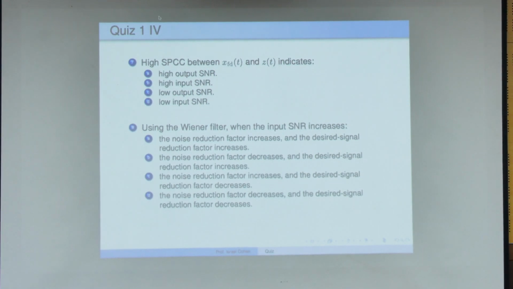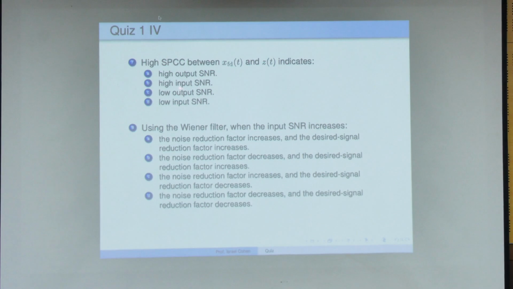Seven. Even if you made mistakes, it's fine, it's just to practice the terms and so on. High SPCC between X filter desired and Z indicates A, B, C, D. C, let's think about it.